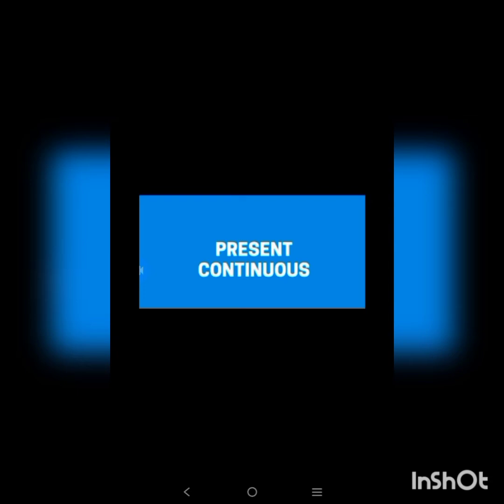present continuous tense. Okay, so do you know what is the other name of present continuous tense? Yeah, present continuous tense is also called present progressive tense. So this tense describes a continued or ongoing action at the present time.